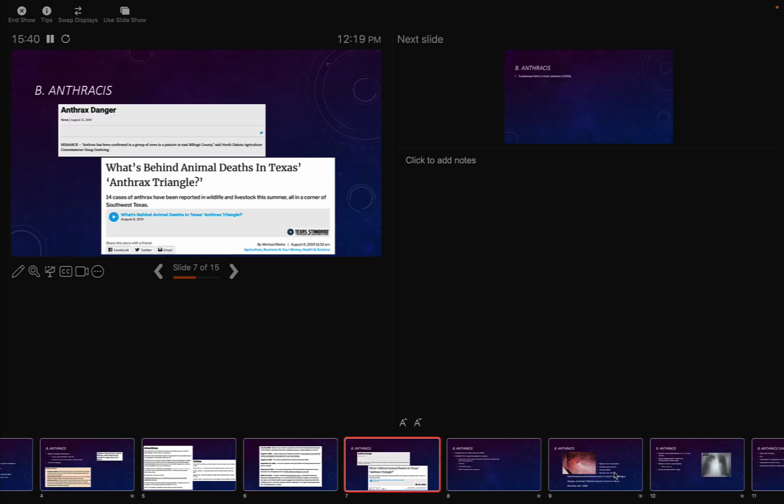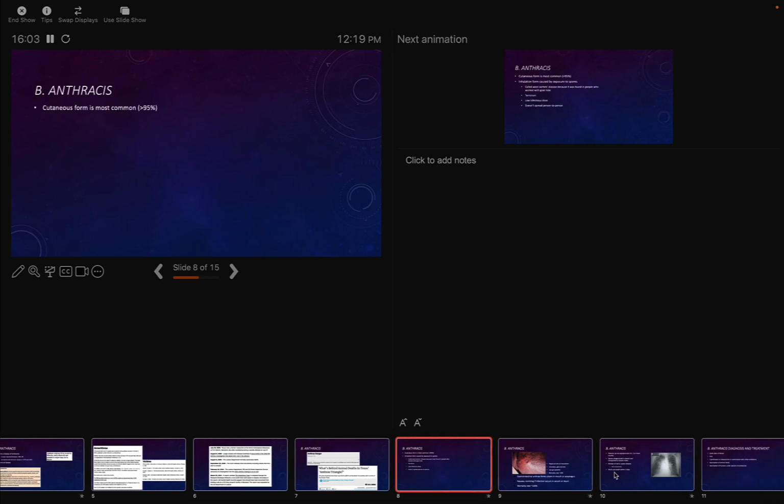But we still do see anthrax in cattle. It is not rare. So anthrax has been confirmed in cows in North Dakota, Southwest Texas. Cattle still get anthrax. And so even though the risk is low for the ranchers and the other people who work with the cattle to get anthrax, it is possible.